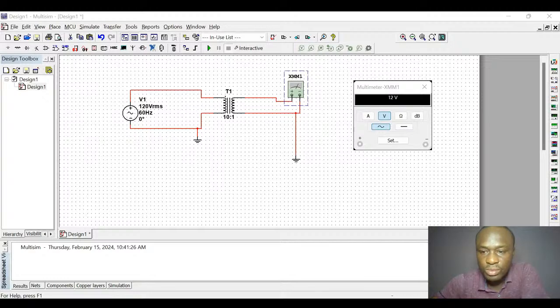Okay. So since you can see it, you can see my mouse.